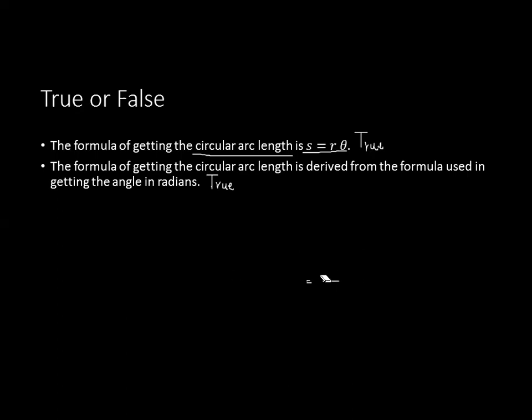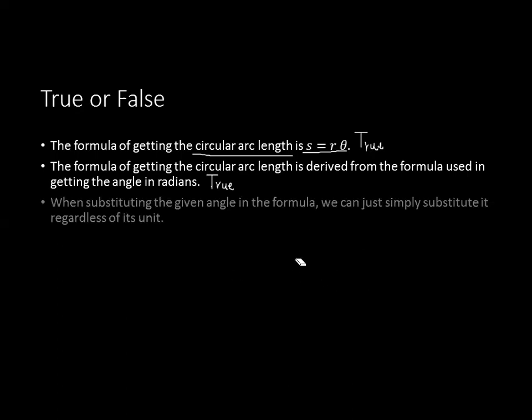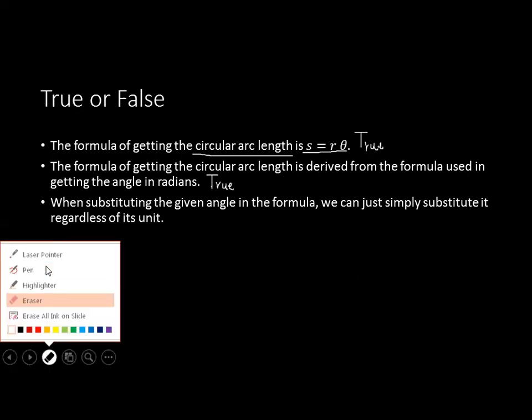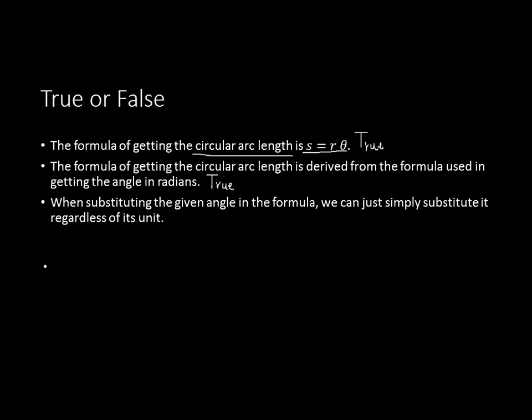Now, to the third statement. When substituting the given angle in the formula, we can just simply substitute it regardless of its unit. True or false? The answer here is false.